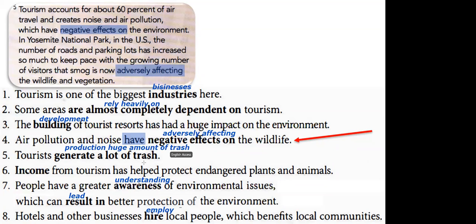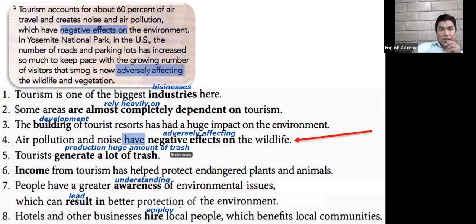For example, here on paragraph five, it says noise and air pollution, which have negative impacts on the environment. What is have?